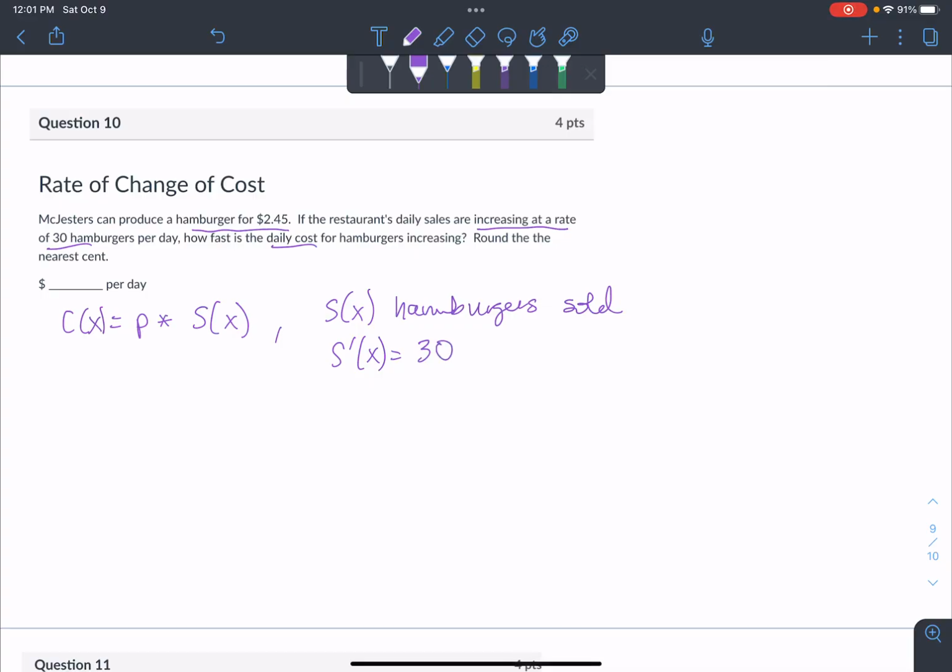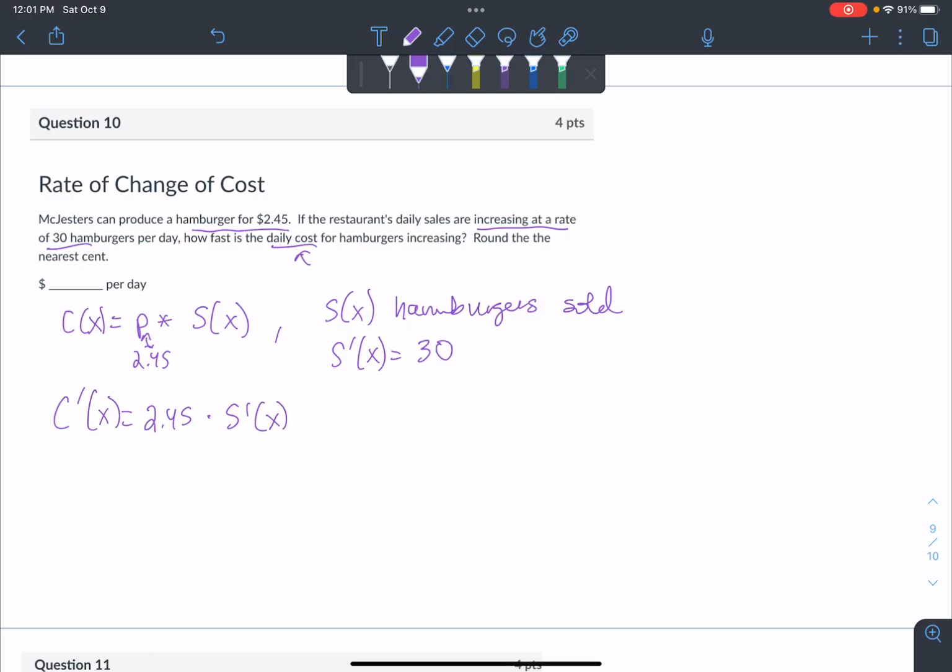And so we want the derivative, right? We want the rate of change for the cost. So C prime, that's equal to my price. So that's just going to be a constant here, 2.5. That's what my P is. So that will just hang out to the side times my derivative of S of X, right?